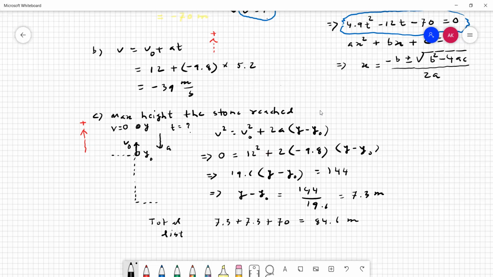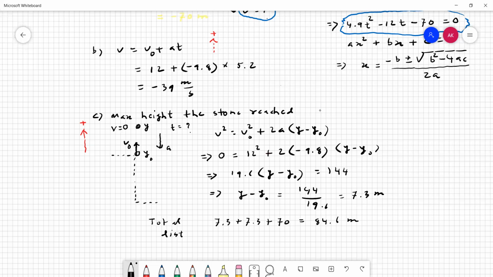For any free fall problem, if you throw an object in the upward direction, when that object reaches the maximum height, at that maximum height, velocity must be equal to 0. Did I answer your question? Yes, sir, you did. Thank you.